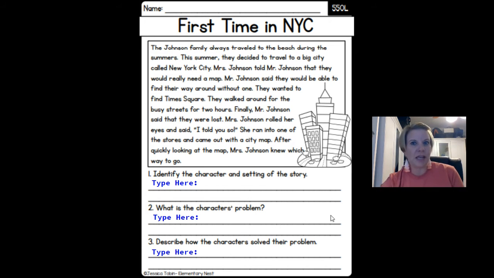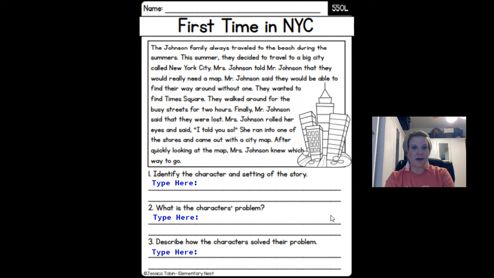First time in NYC, which you guys know means New York City. The Johnson family always traveled to the beach during the summers. This summer, they decided to travel to a big city called New York City. Mrs. Johnson told Mr. Johnson that they would really need a map. Mr. Johnson said they would be able to find their way around without one.